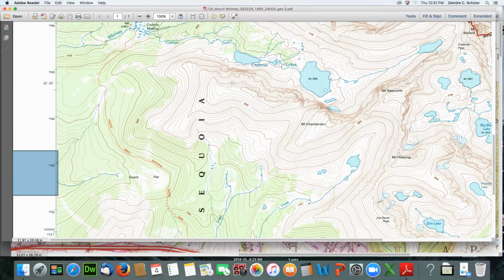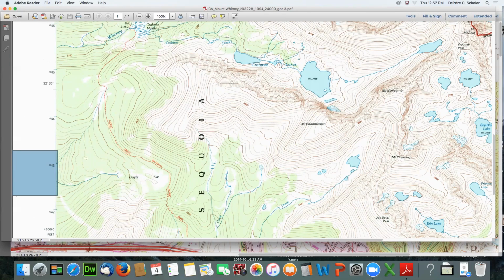Now, the nice thing about the contour lines on the topographic map is that the point of that V always points upstream or uphill, because water, of course, flows downhill. So the V is pointing in the uphill direction. The opening or the wide part of the V always indicates the direction of downhill.